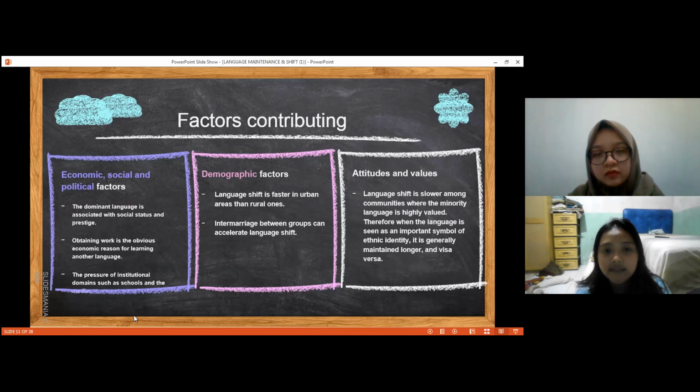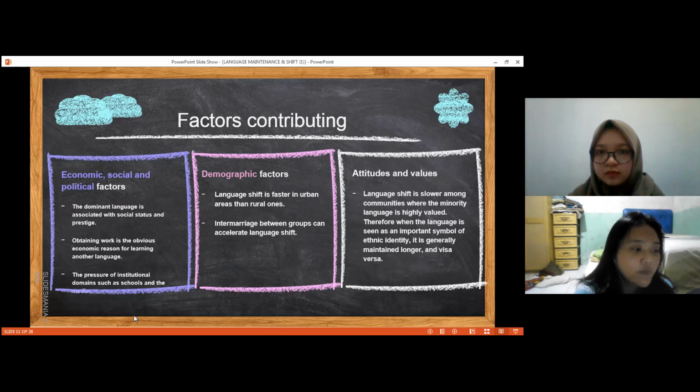Third one is attitudes and values. Language shift is slower among communities where the minority language is highly valued. Therefore, when the language is seen as an important symbol of ethnic identity, it is generally maintained longer, and vice versa.